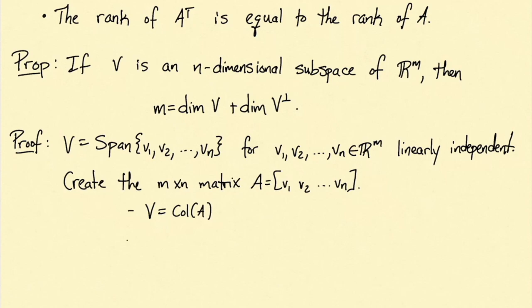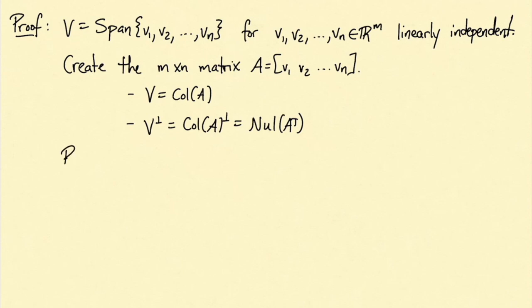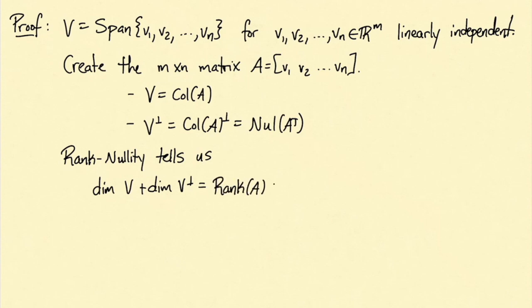So we can think about the orthogonal complement of V as the orthogonal complement of the column space of A. And as we saw last time, the orthogonal complement of the column space of A is the null space of the transpose of A. Next, we use the rank nullity theorem. The dimension of V plus the dimension of the orthogonal complement can be expressed as the rank of A plus the dimension of the null space of A transpose.